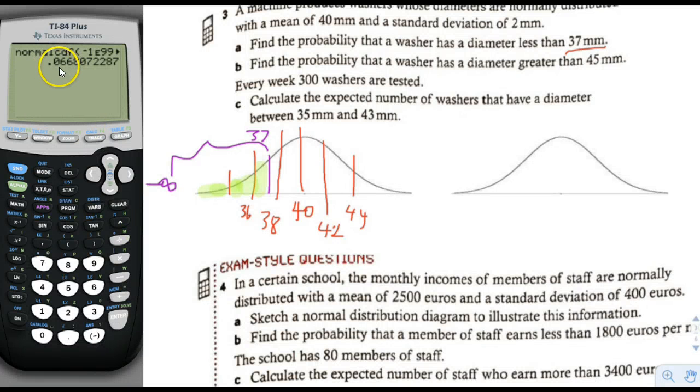So the probability is 0.0668, which in percentage would be 6.68%.